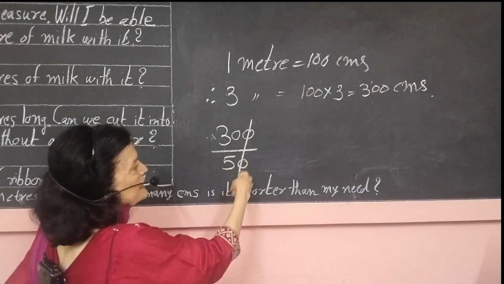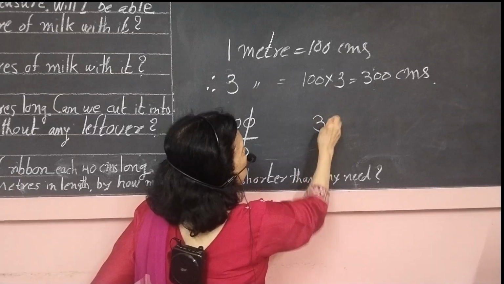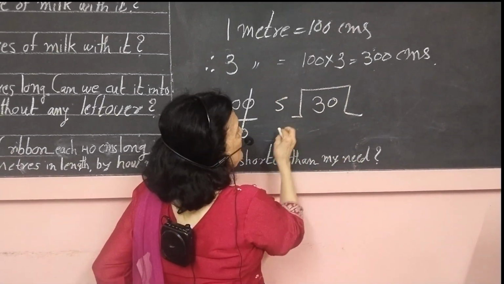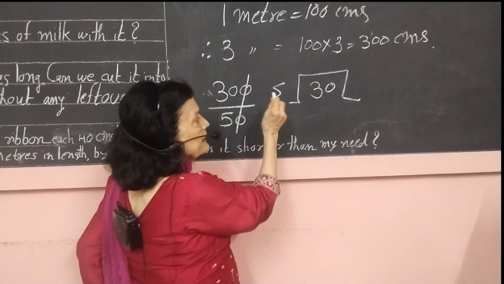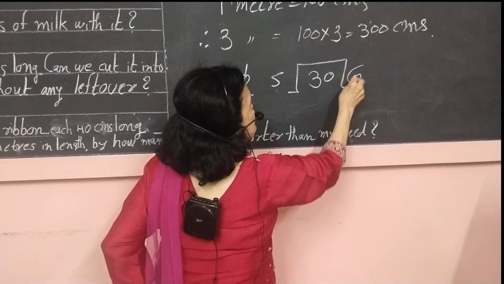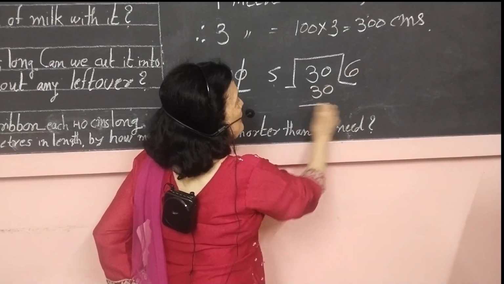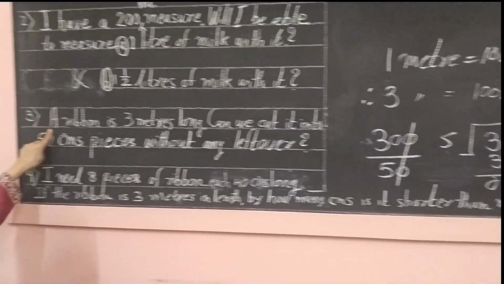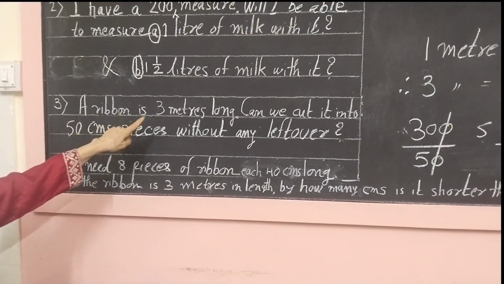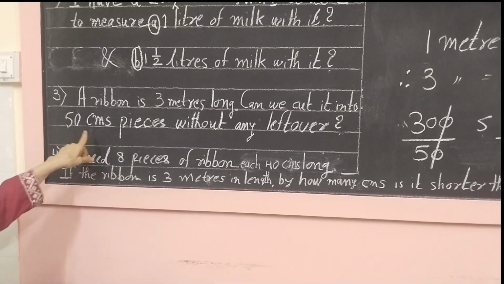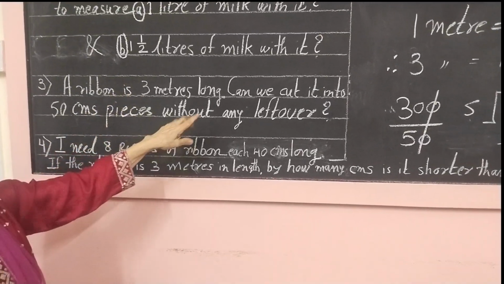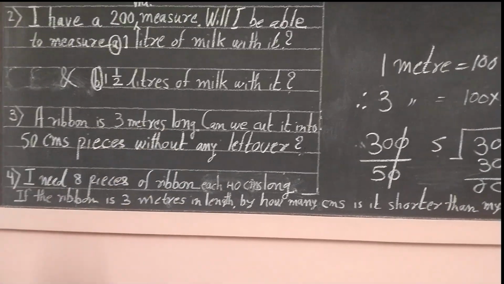Ultimately what we are going to divide is 30 by 5. And in the table of 5, 6 fives are 30. No remainder, and hence this ribbon of 3 meters can be cut into 50 centimeter pieces without any leftovers.